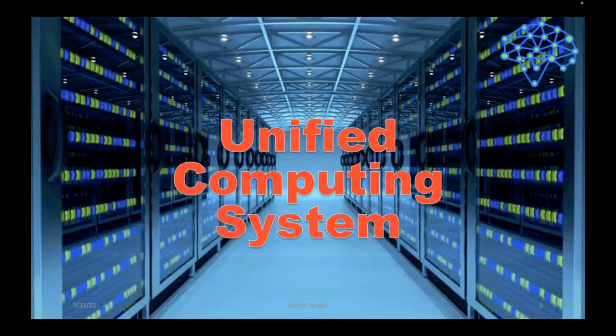All right, coming over to the unified computing system, guys. This unified computing system is Cisco's solution. This particular solution by Cisco was introduced way back in the year 2009.